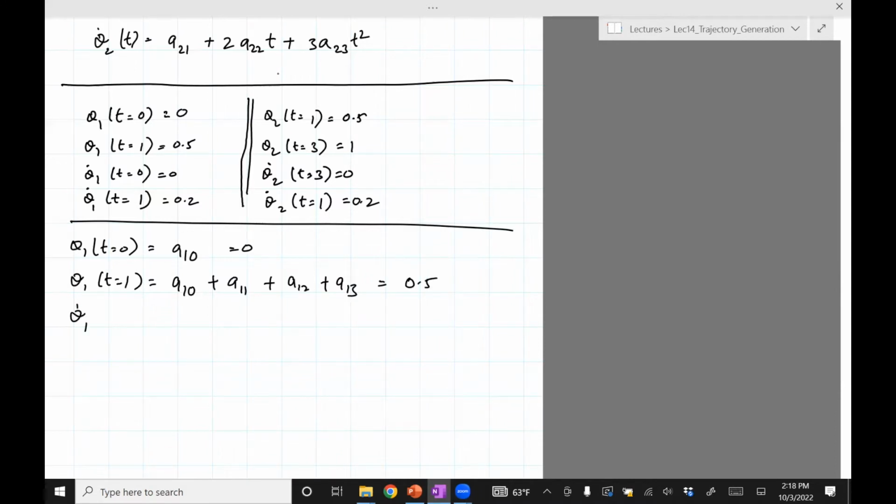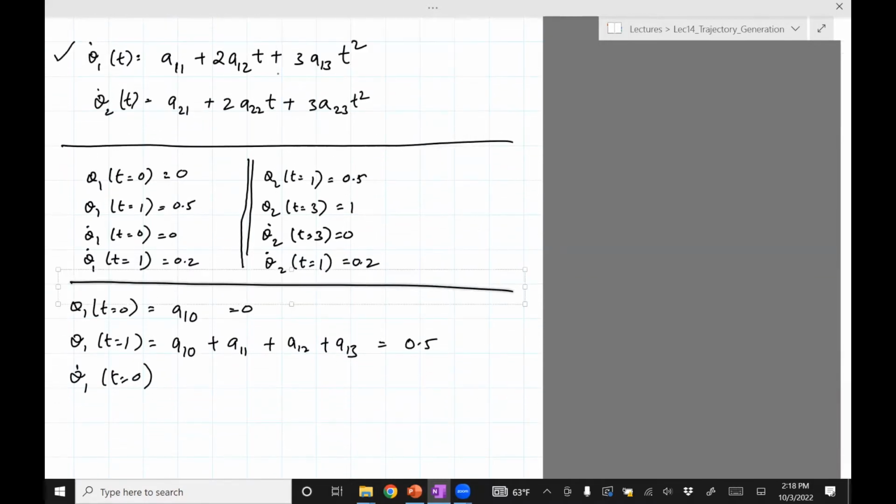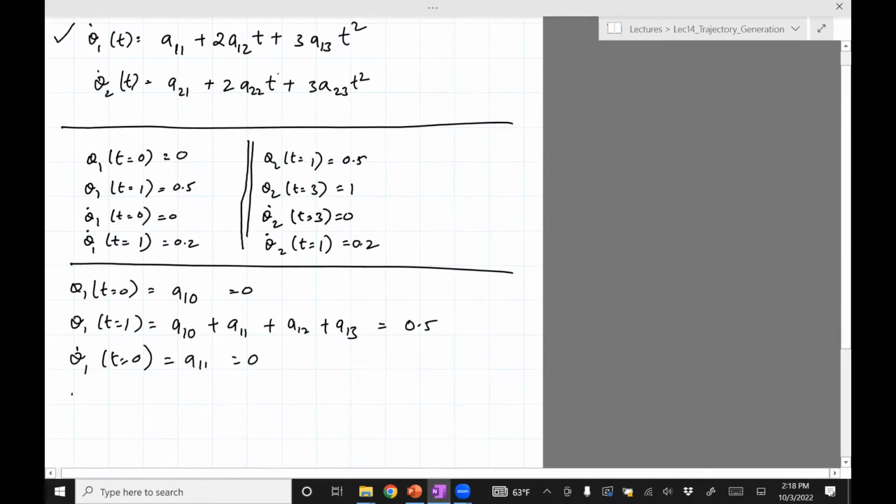Then we have theta 1 dot at t equals 0. We refer to this expression, put t equals 0, so a11 equals 0. Then theta 1 dot at t equals 1: a11 plus 2a12 plus 3a13 equals 0.2.